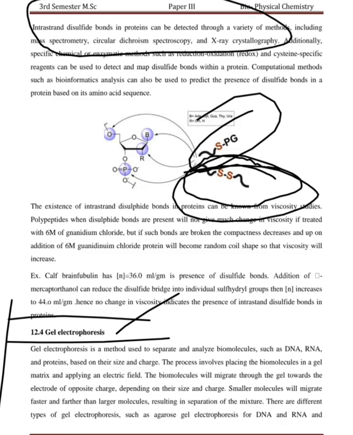So here we are going to study the gel electrophoresis method. Gel electrophoresis is a method used to separate and analyze biomolecules such as DNA, RNA, and proteins based on their size and charges.